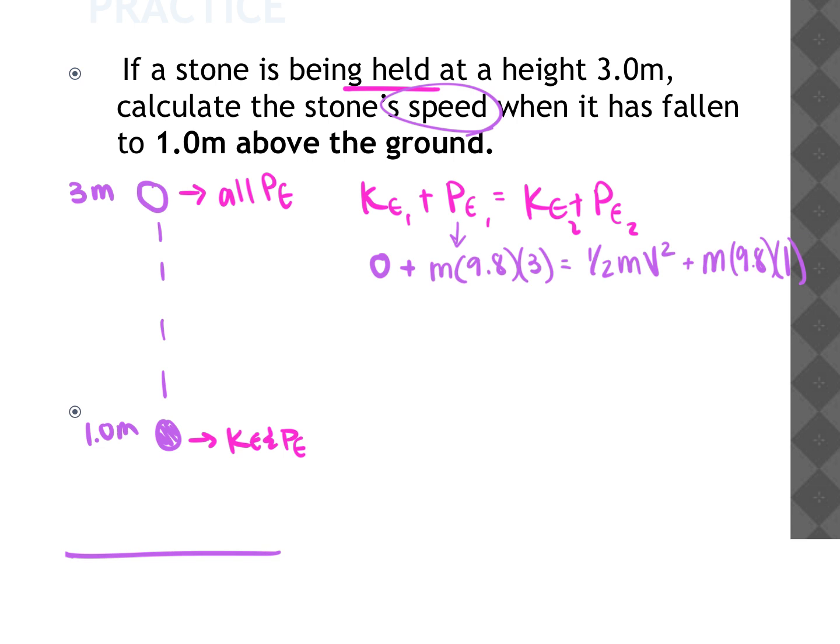So let's start simplifying some things here with our math. 9.8 times 3 is 29.4 m equals 1/2 mv squared plus 9.8 m. Am I able to combine my like terms here? Yes? Can't I subtract this to the other side? 9.8 m.